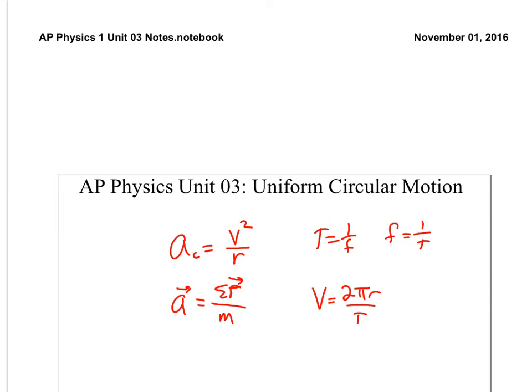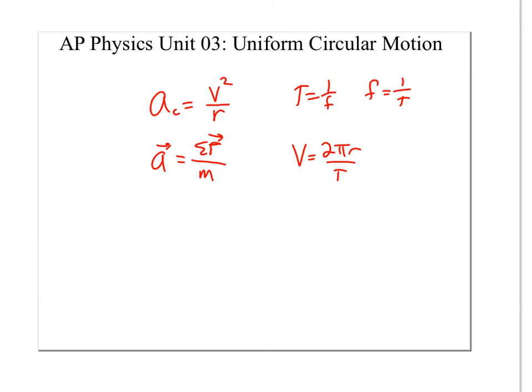Just a little refresh of all the equations that we've used so far and that we will use throughout this first half of the unit for uniform circular motion. The acceleration is v squared over r, and then the frequency and period. Velocity, a lot of times we'll use as 2 pi r over T, which can then get substituted in to that v if we're not just given the speed outright.